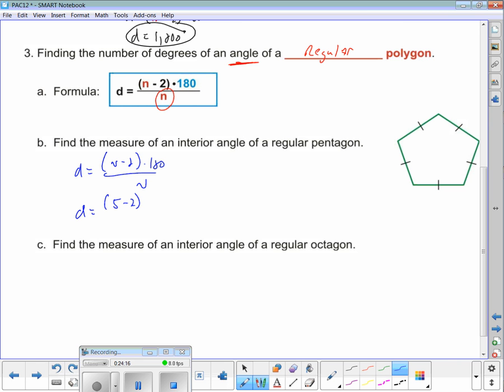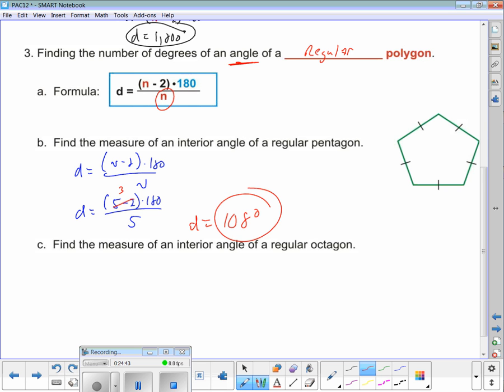So that's 5 minus 2 times 180. And what do I divide by, class? 5, the number of sides. Go ahead and punch it out. You all know 5 minus 2 is 3. So you got 3 times 180 divided by 5.